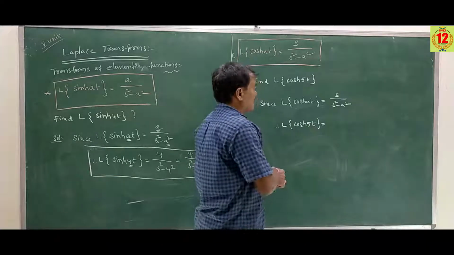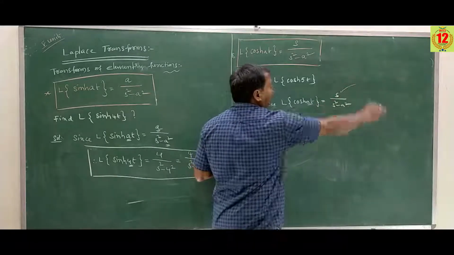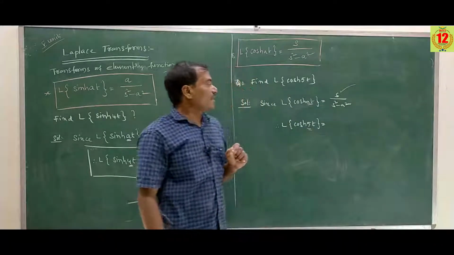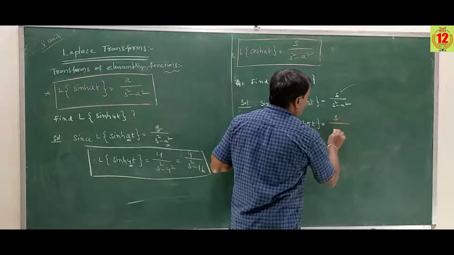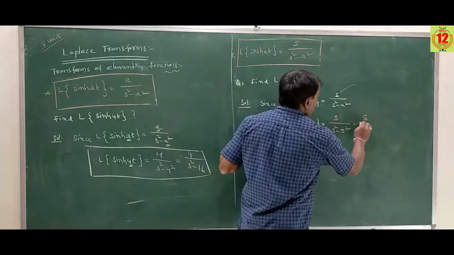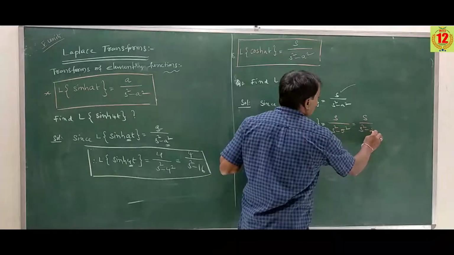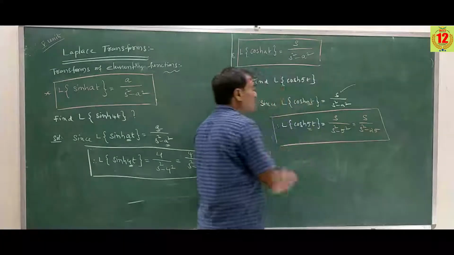So what is a here? A is 5. In this formula, a is replaced by 5. Therefore, s by s square minus 5 square, s by s square minus 25. This is the Laplace transform of cosh 5t.